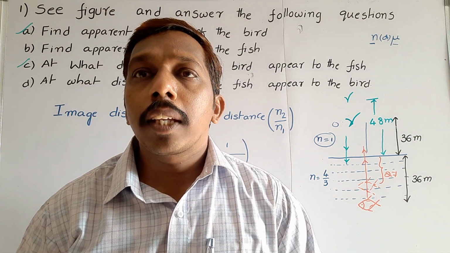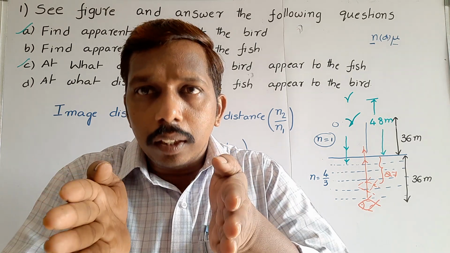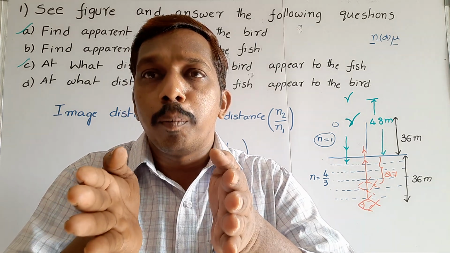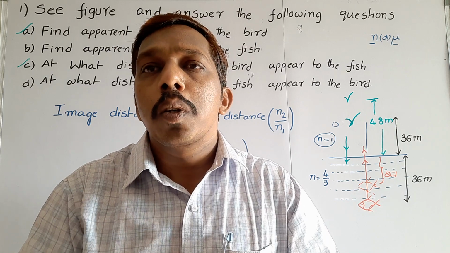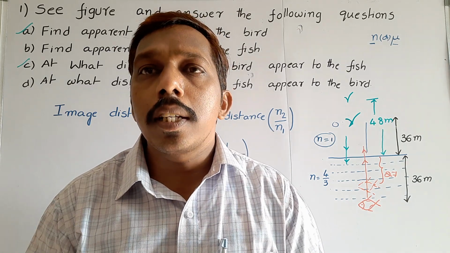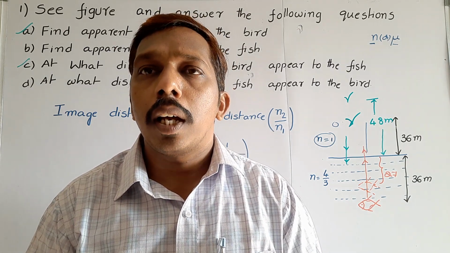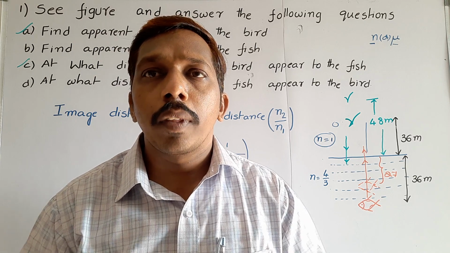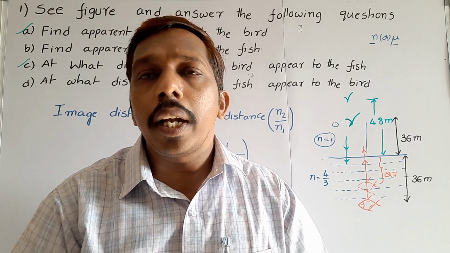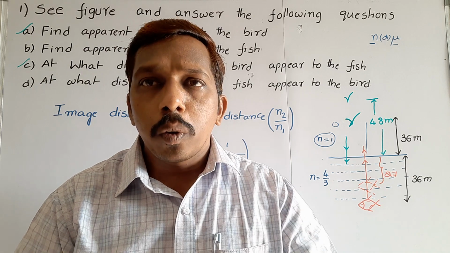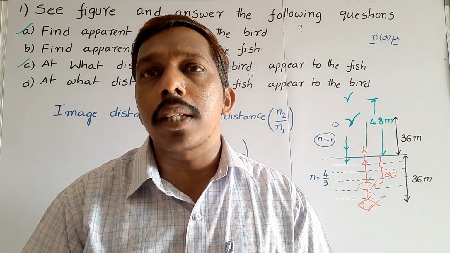Understood? Actually, if object and observer are both in the same medium, then there is no change in the distance between object and observer. For example, we are observing a refrigerator at home, so it appears at the same distance.